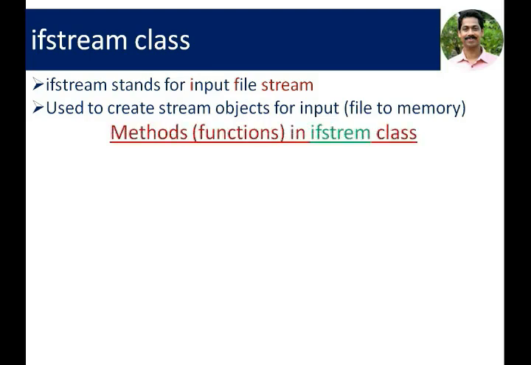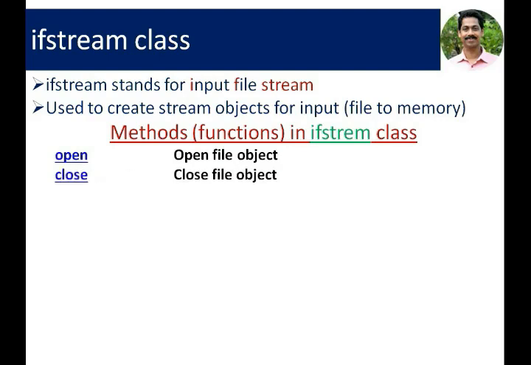The functions inside a class are called methods, as I mentioned earlier. So these are the functions in the IFStream class. First one is open, to open a file object. We will explain the syntax in the next slides. So I am just going through various functions here.